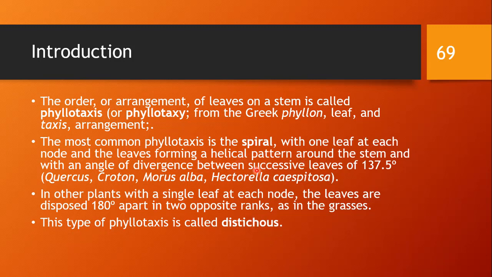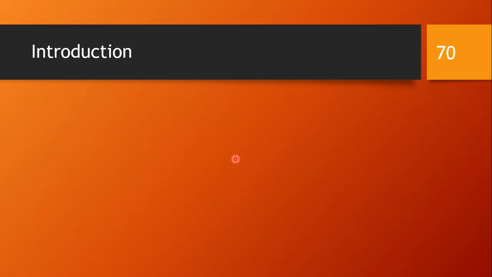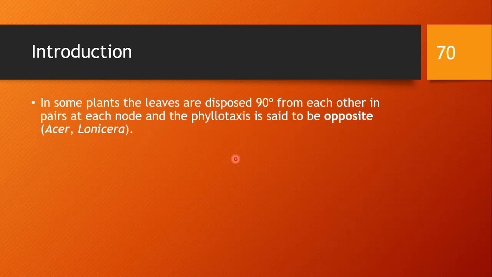And if there is a spiral, there is one leaf at each node. In some plants the leaves are disposed at 90 degrees from each other in pairs at each node, and the phyllotaxy is said to be opposite. You have studied opposite and superposed, opposite and decussate. These are all the phyllotaxies present in various plants.